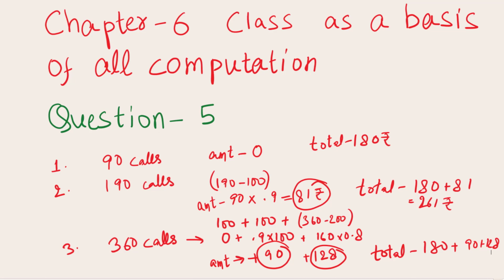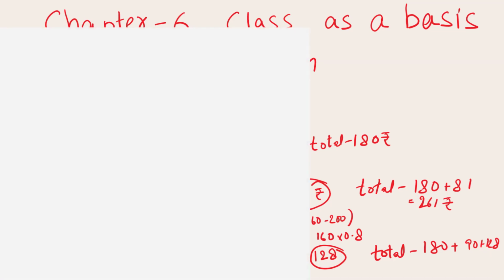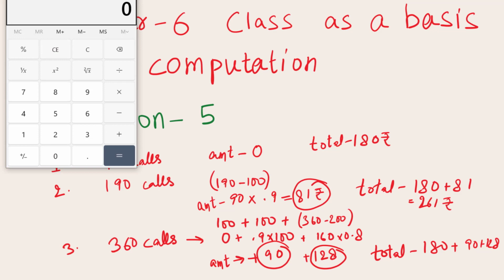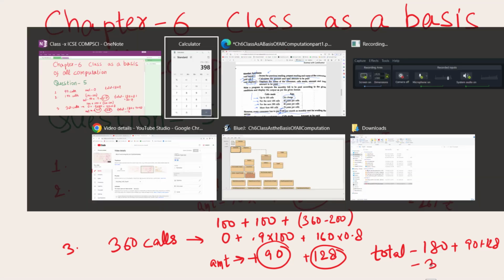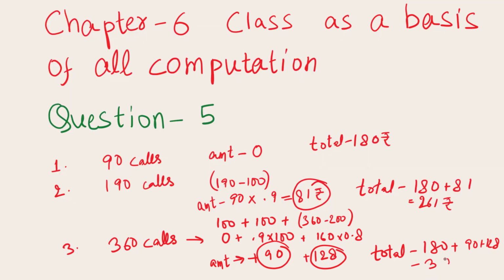I'll put 90, then plus 128, then plus 180, which was the basic charge, and if I do that, I'll get 398. I think it was 398. So I'll get 398 rupees as the total amount.